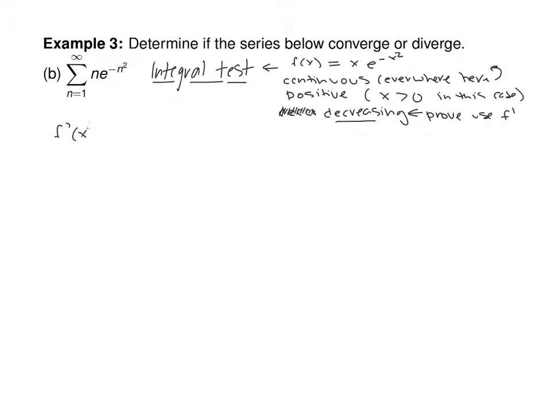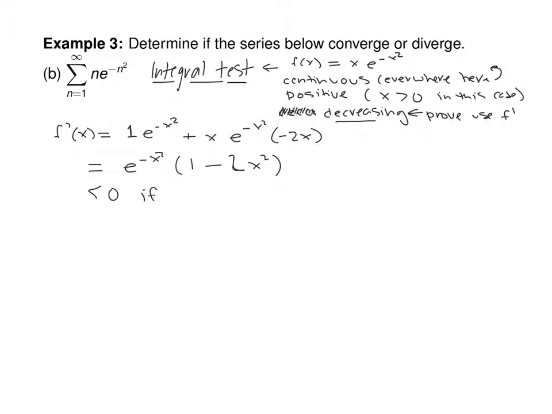So let's find the derivative using the product rule. The derivative is 1 times e to the negative x squared plus x e to the negative x squared times negative 2x, or e to the negative x squared times (1 minus 2x squared). This will be less than 0 if 1 minus 2x squared is less than 0.